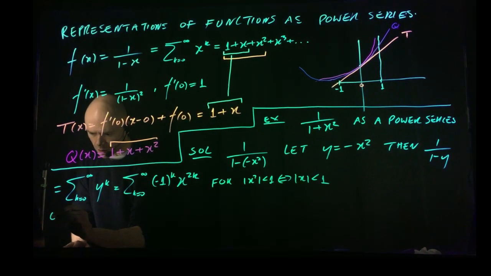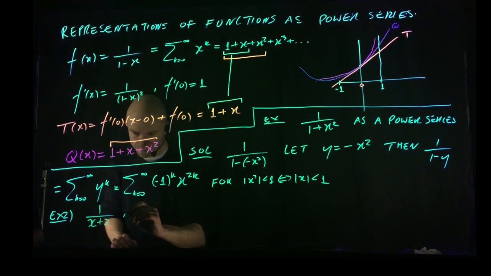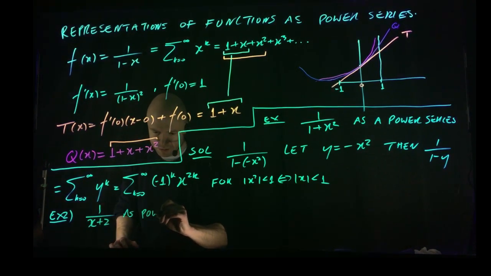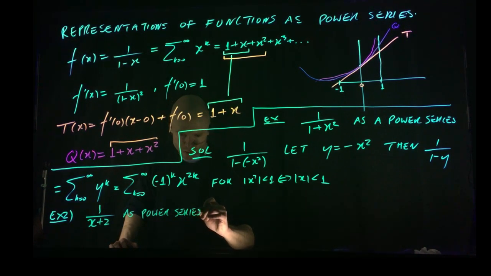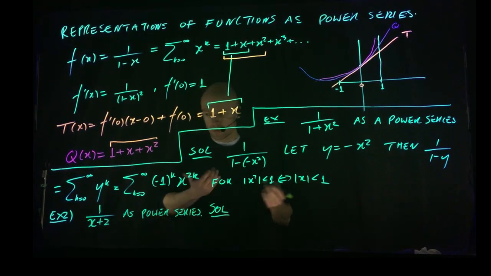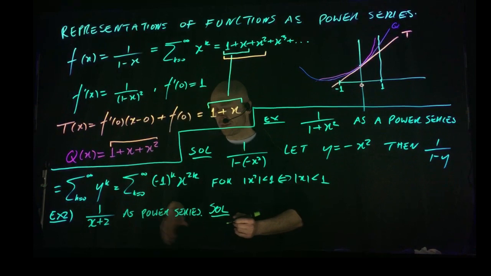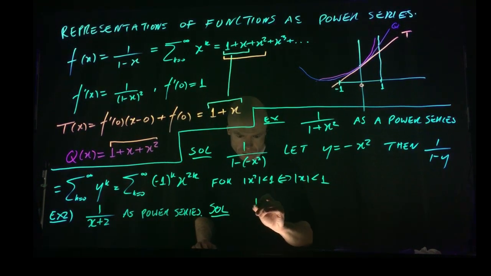All right, so let's do another example. This is the next example: 1 over x plus 2 as a power series. Solution, again, just do some algebra. We'd like it to be of the form 1 over 1 minus something. So let's write it like this.